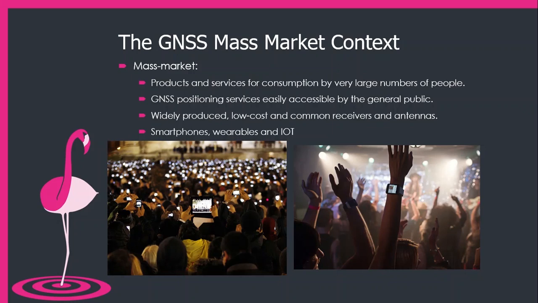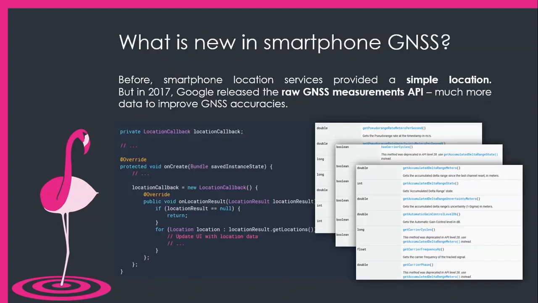What is also new in smartphone GNSS? Before 2017, we actually couldn't get access to raw GNSS data.